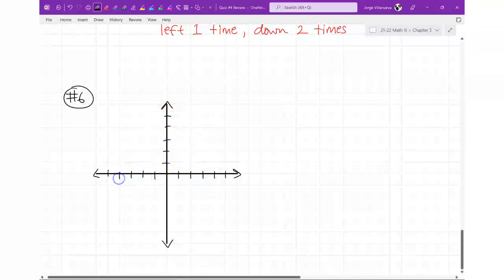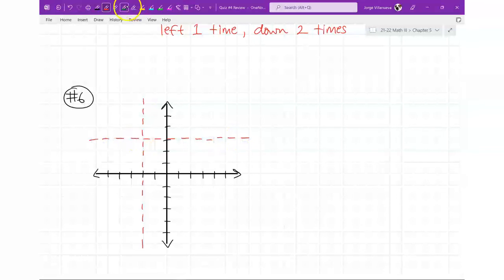But maybe what we'll do is figure out what we have to write it out as. So here we go. Okay, and here's my graph.